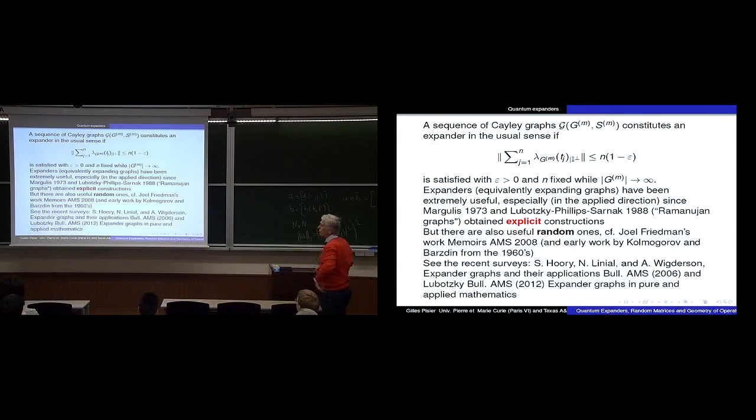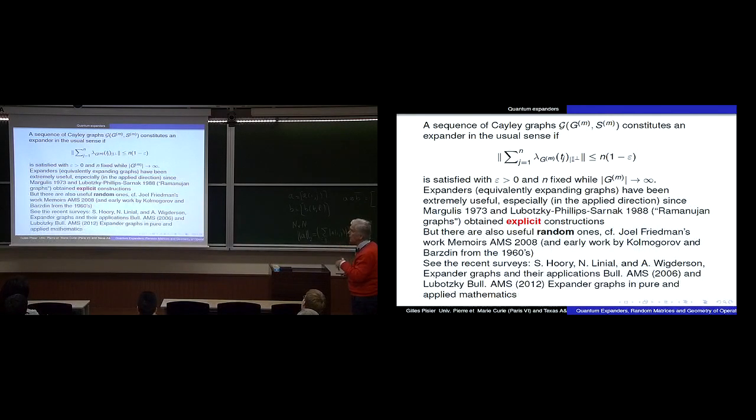Cayley graphs appear in Margulis' work, and it uses deep number theory, and even deeper in the later work of Lubotsky, Phillips, and Sarnak, who developed the theory of Ramanujan graphs, which have the optimal spectral gap, the really largest spectral gap possible. And the important thing is they obtained explicit constructions of such objects.